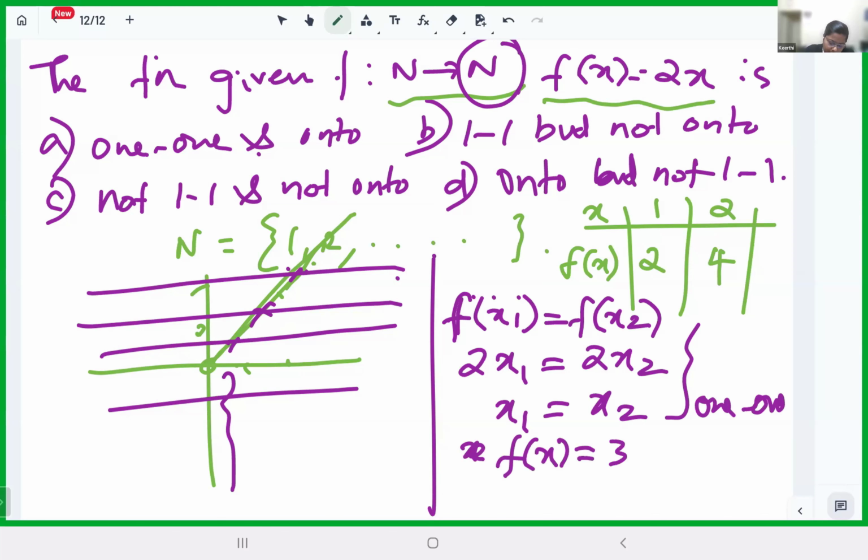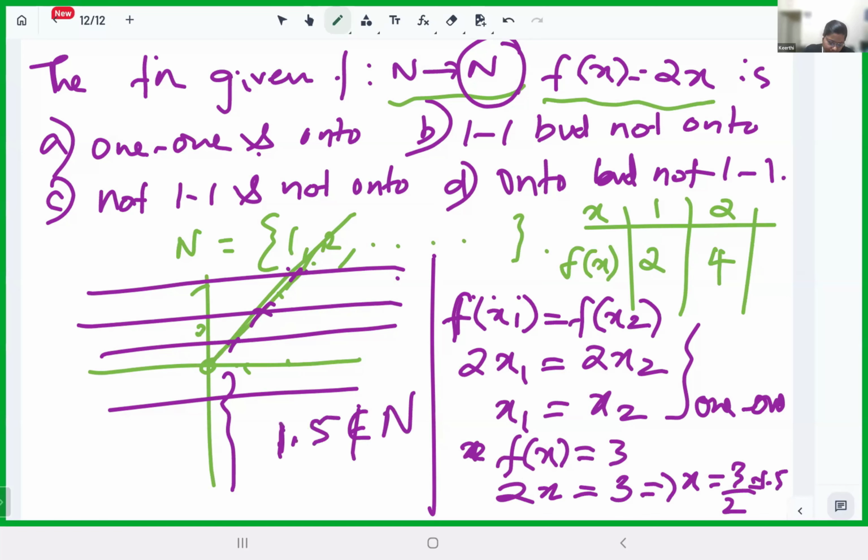F of x is nothing but 2x. 2x equal to 3, which implies x is equal to 3 by 2. 3 by 2 is nothing but 1.5. It is half of 3, right? Does 1.5 belong to N? 1.5 doesn't belong to the set of natural numbers, right?